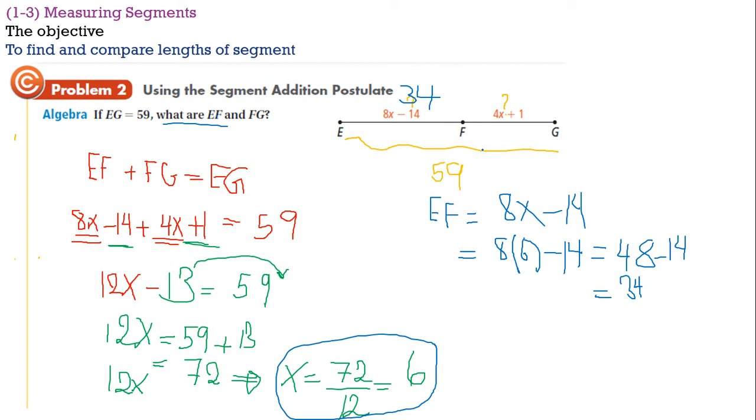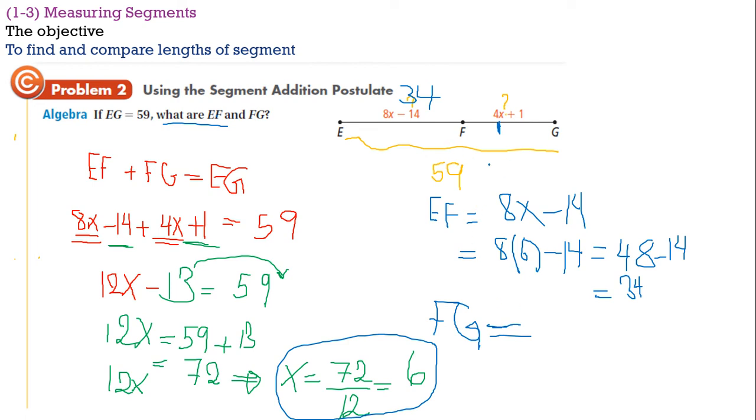Now, the second one, FG. There are 2 ways here because you have most things. You can replace the 6 here and calculate exactly the same as this way.